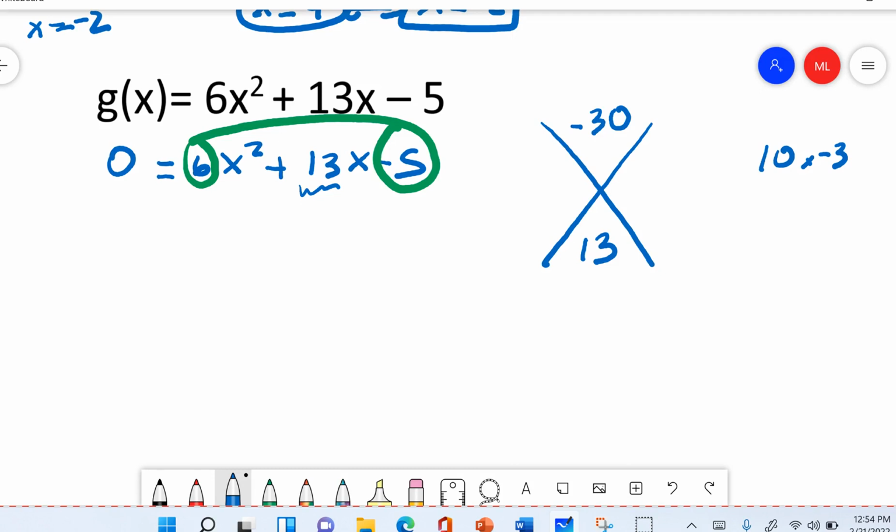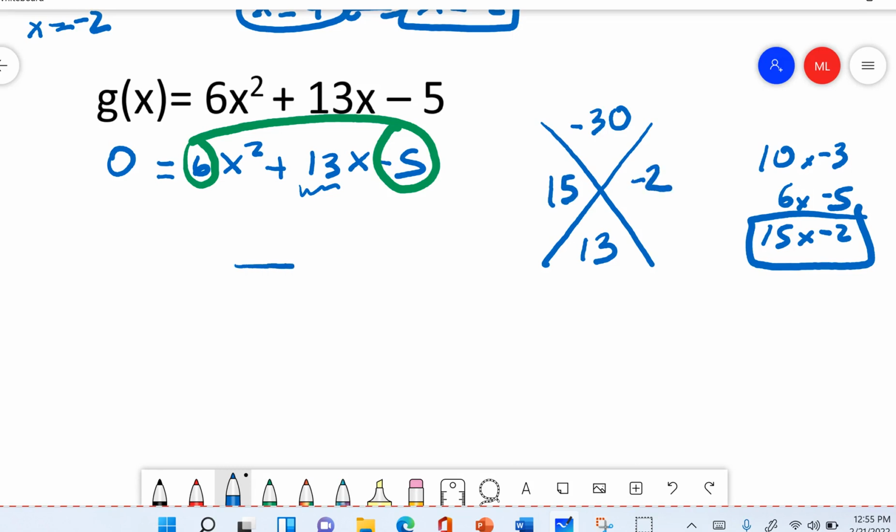No. 6 times negative 5. No. What about 15 times negative 2? That's it. 15 plus negative 2 is positive 13. So those are my two numbers that I need. And now I am going to draw my box.